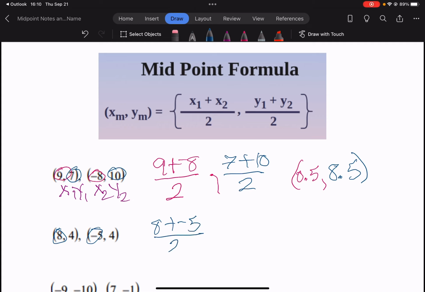Then find that, divide by 2. Good. So 3 over 2. 3 halves. What is that? Good. 1.5. And then our y's. 4 and 4. So 4 plus 4 divided by 2. Good job. Yes, it's still 4.